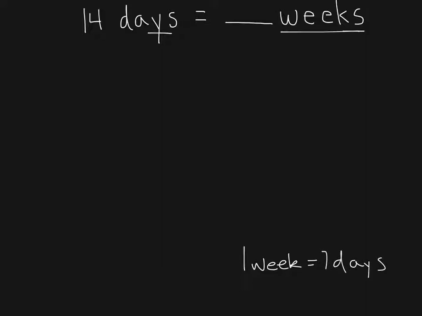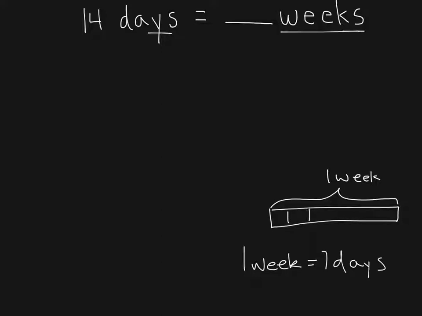And if we were to look at a tape diagram of that, we could show 1 week right here. And 1, 2, 3, 4, 5, 6, 7. If we divided it into 7 parts, then one of those parts is going to be 1 day.